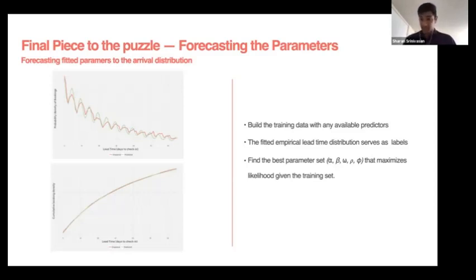And once we do this, we get the plots that we see on the left and the right. This is a toy example. The left distribution is the empirical lead time distribution, the red one, and the green represents the fitted distribution of the arrival process.